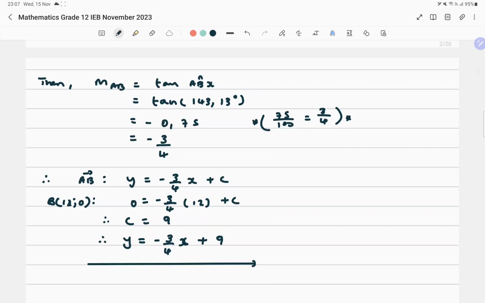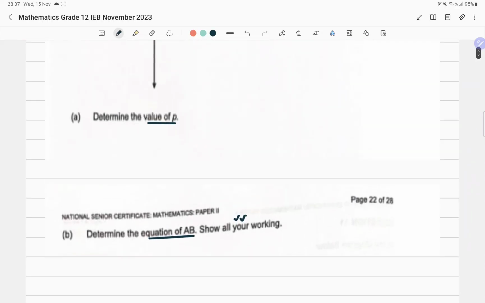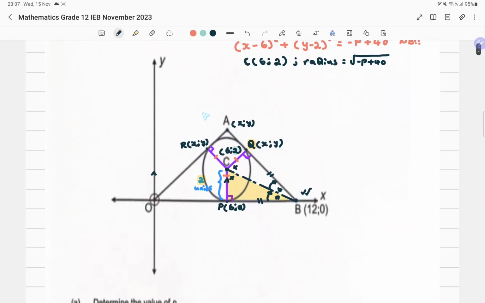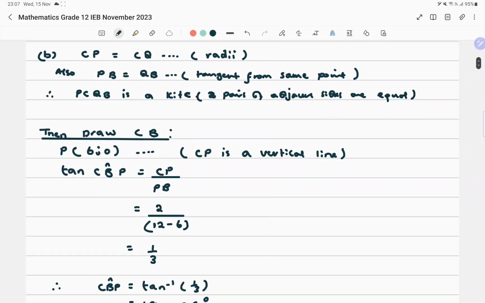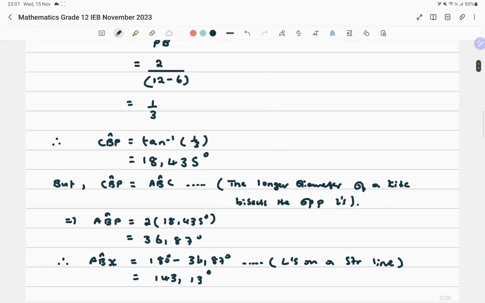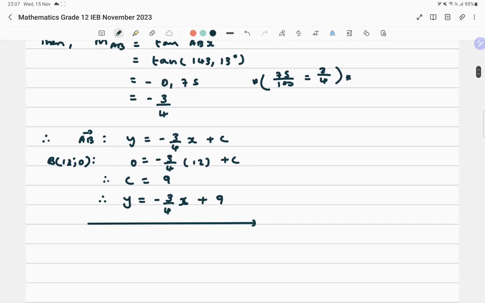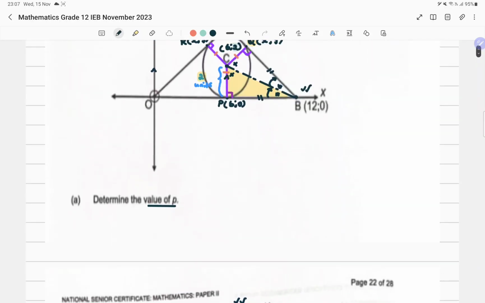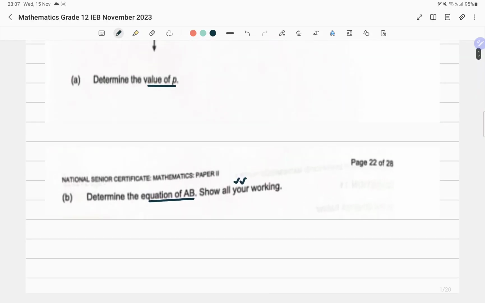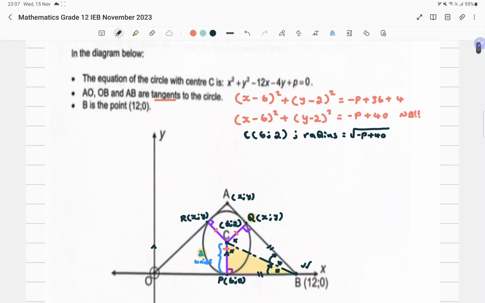So at least we've got a negative gradient, and essentially it will have a positive y-intercept. For me, it could be an issue of the numbers, where sometimes mistakes do occur when you have an essay type of question like this, because these are questions that are just naughty.